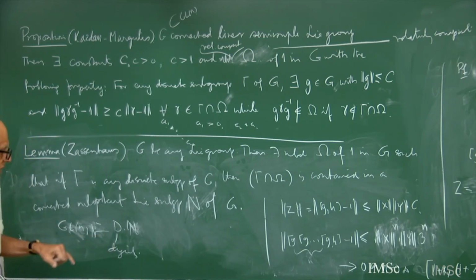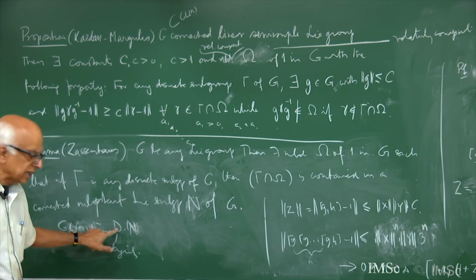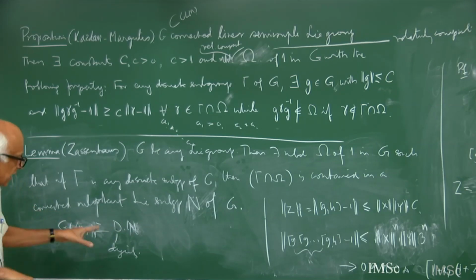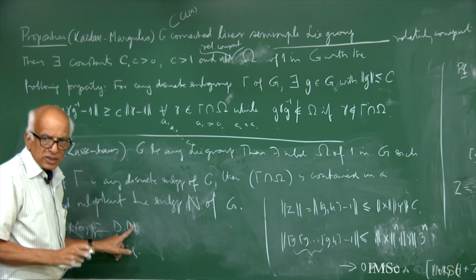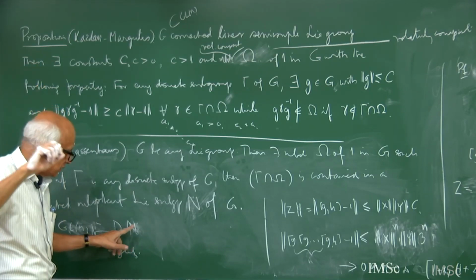So what you do is you apply a sufficiently high power of a diagonal element to expand the things coming. Every element can be written as having a component here and a component here. This component can be expanded by some power of an element in this.